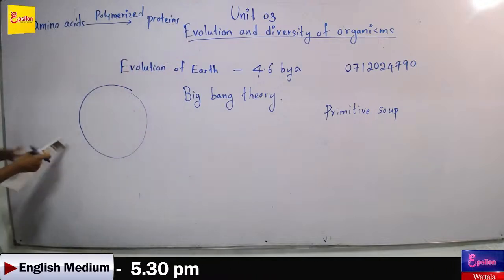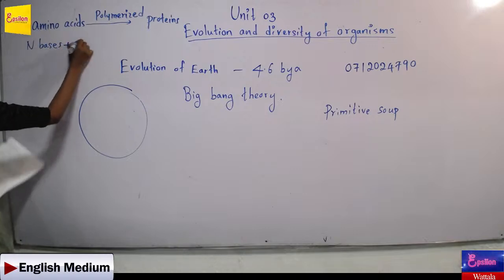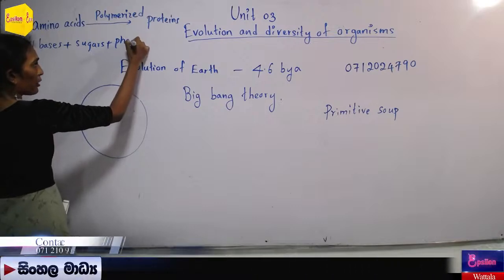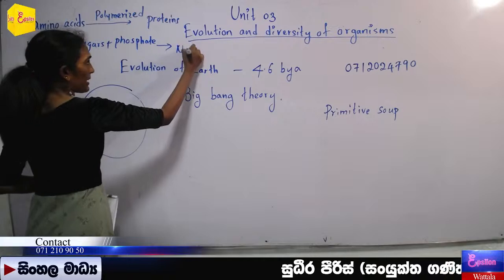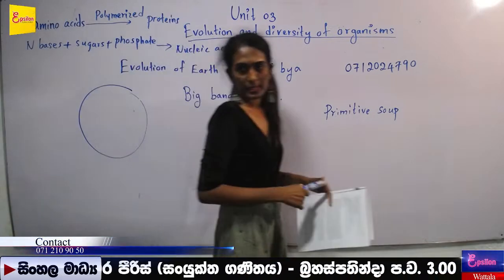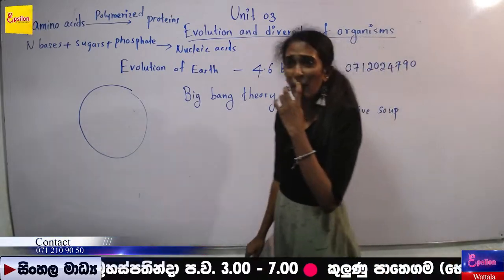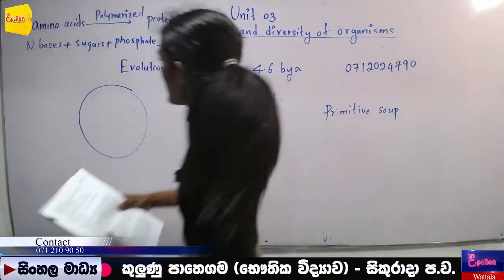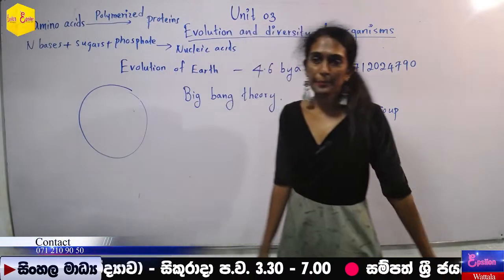Then if we have nitrogenous bases, sugars plus phosphate, what will it form? Nucleic acids. Understood now? Got it? Where did this polymerization happen? In the ocean. Where did the formation of simple organic compounds happen?